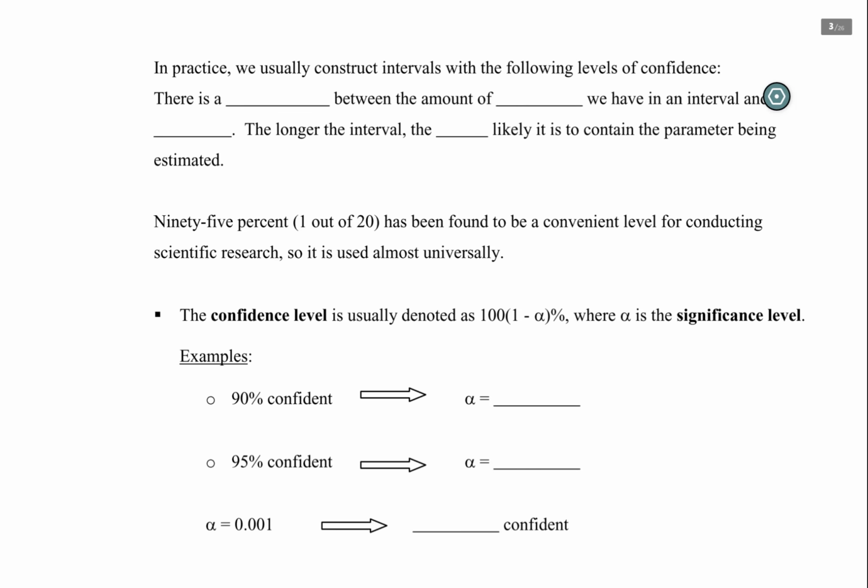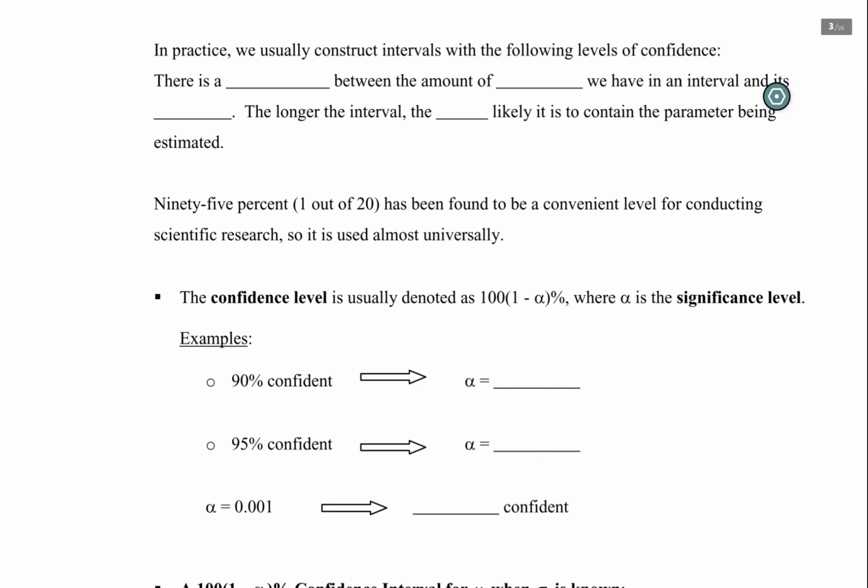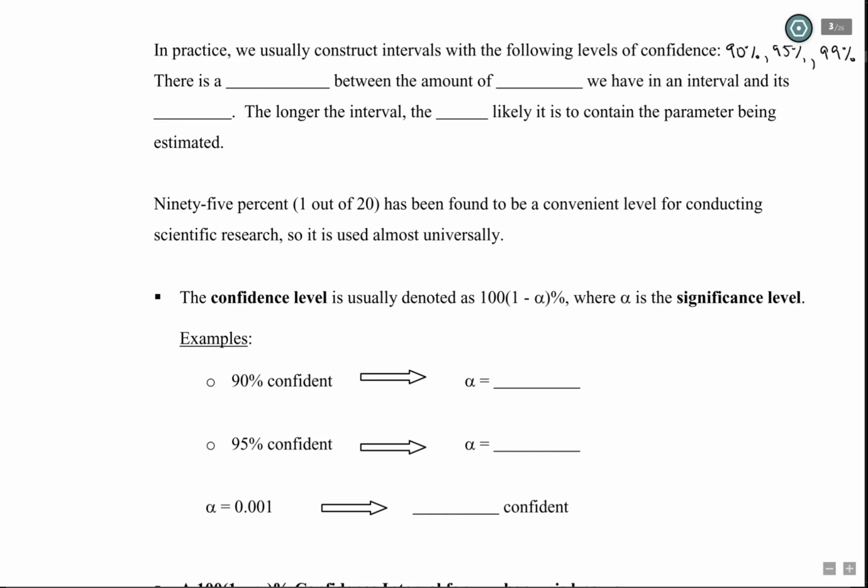In practice, we usually construct intervals with levels of confidence of something like 90%, 95%, 99%. When you start getting below 90%, down to 80%, you can do that.